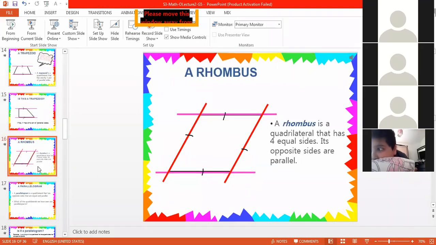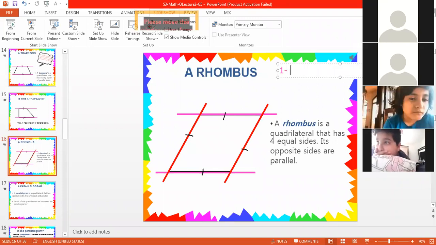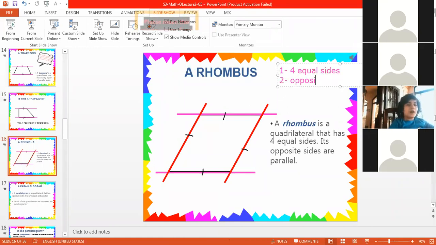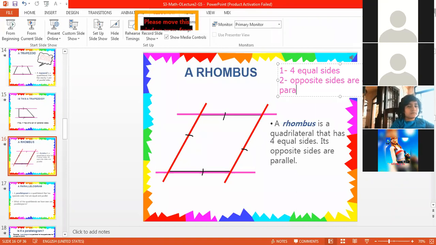Let us now talk about the rhombus. What are the properties of a rhombus? Four equal sides. Opposite sides are parallel. Very good, those are the only two for the rhombus.